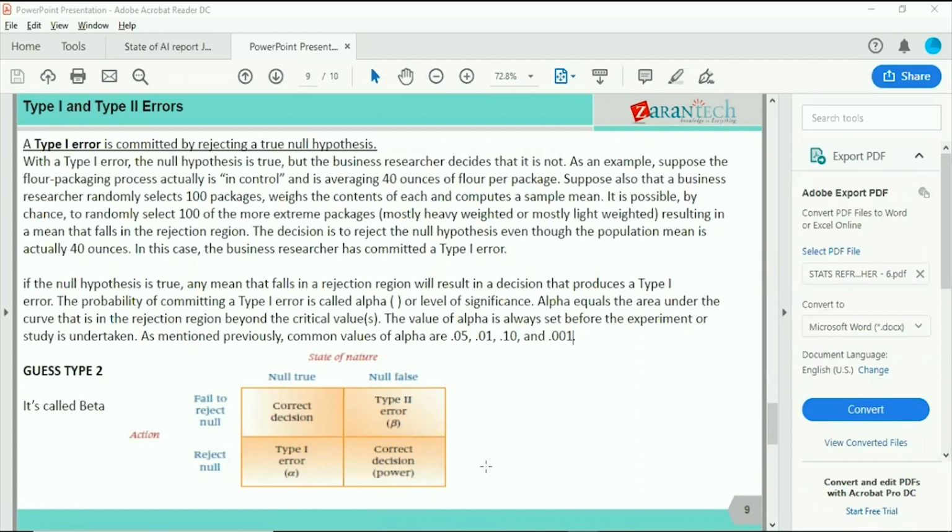Now type 1 error is called alpha. The same alpha that we have been dealing with till now. You remember we use that alpha to find out what is the threshold or what is the range that is lying beyond that 90% or 95%. This is the same alpha.